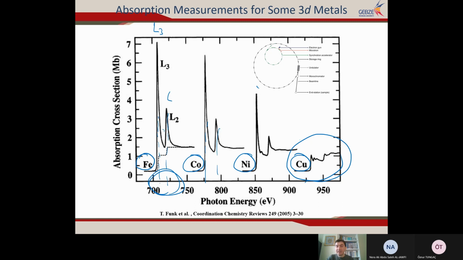If you continue with the previous elements, you will see absorption energies on the left side at lower energies. So this method is element specific. Within multi-layered systems, you can study each layer element specifically, and within alloys, you can study each element within the alloy.